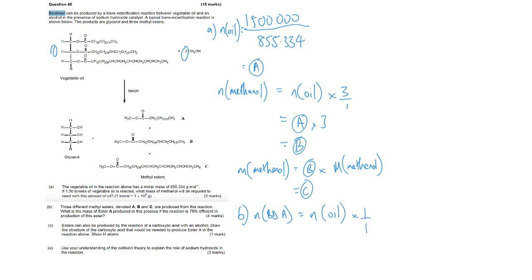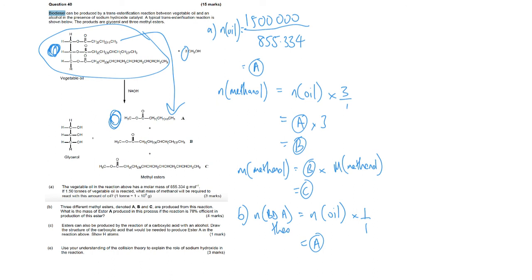Let's have a think, because there's going to be a 1 to 1 ratio there, because you're splitting that big vegetable oil into thirds and one part of it goes there. All right, so that'll be equal to A, right?